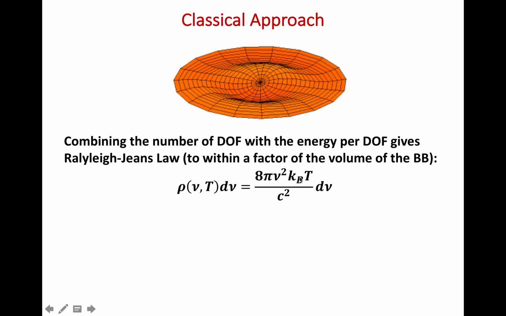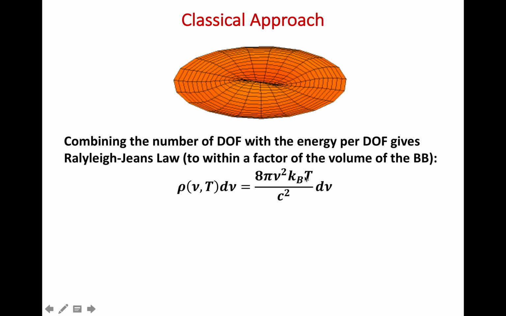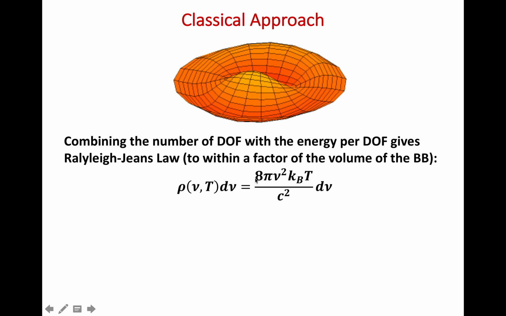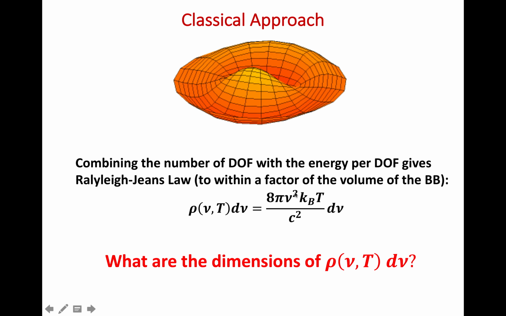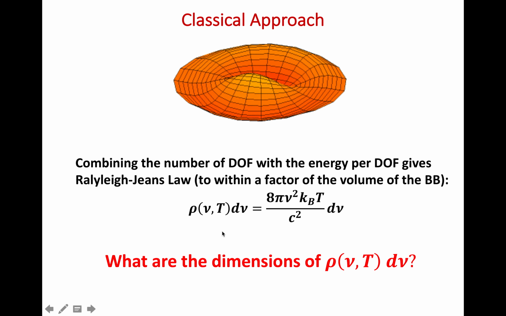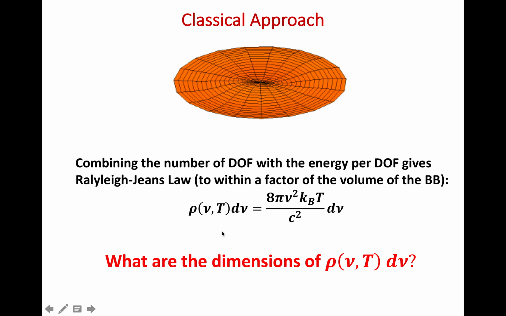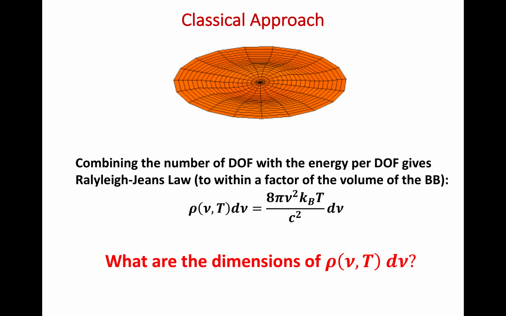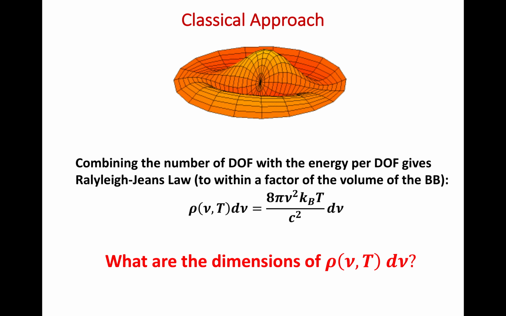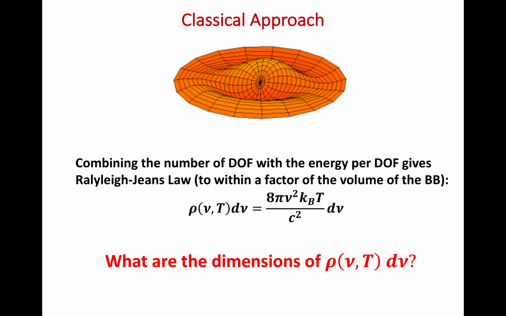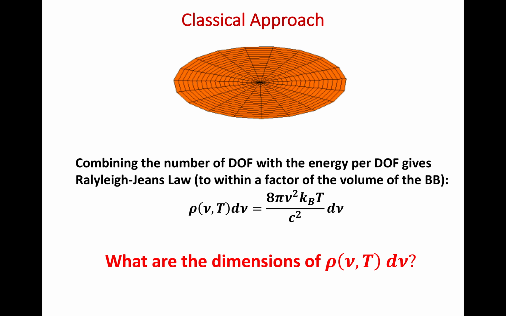All right, so the energy per mode times the total number of modes is going to give you this quantity called Rayleigh-Jeans law. And so here's the time when I ask you, what is this actually quantifying? What are the dimensions of this Rayleigh-Jeans law? So it's a good time to press pause on this video and think about this for a minute.